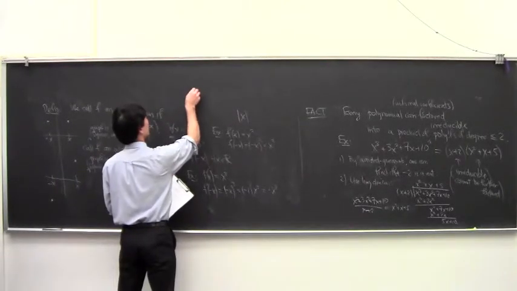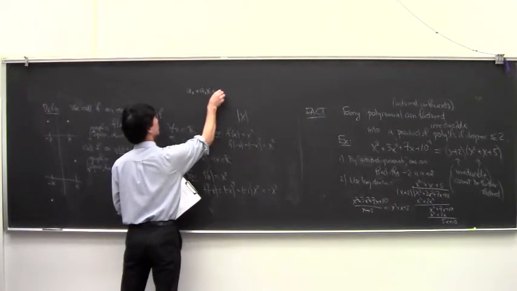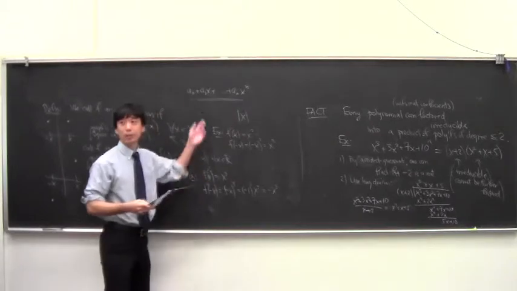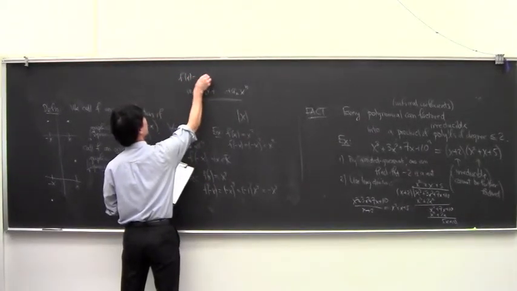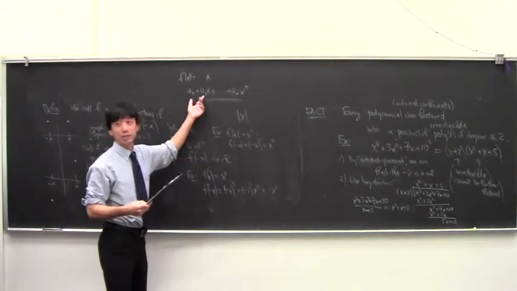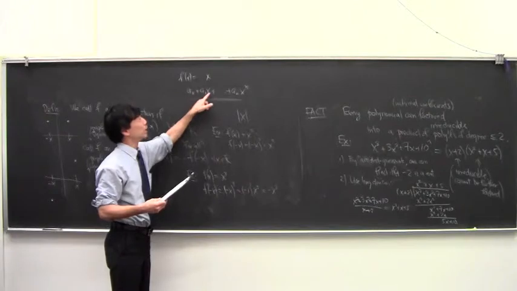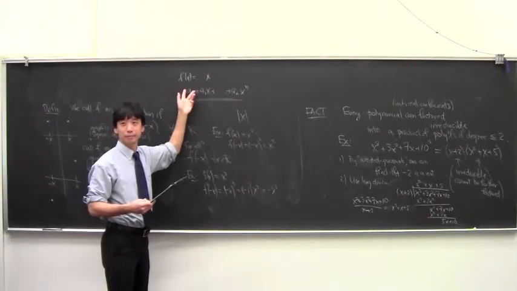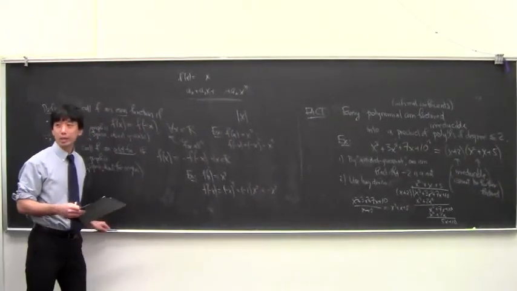Remember, a polynomial is anything that falls into this format. F of x equals x is one such thing. It's just 0 plus 1x. That's a polynomial. Okay. Yeah, Victor.